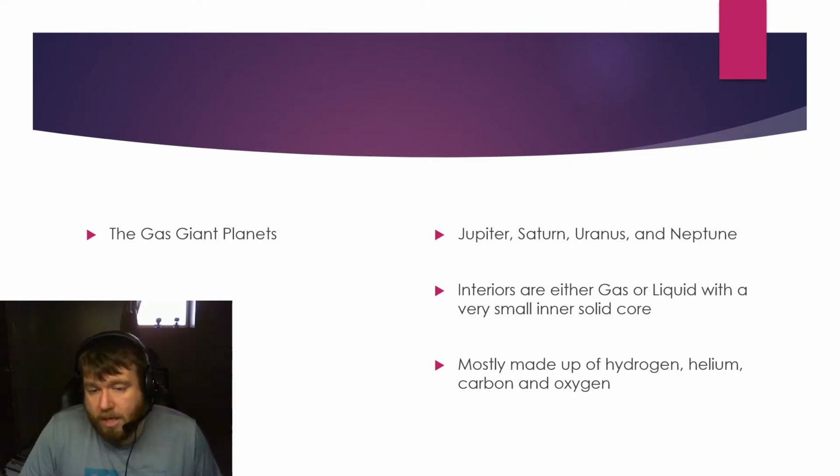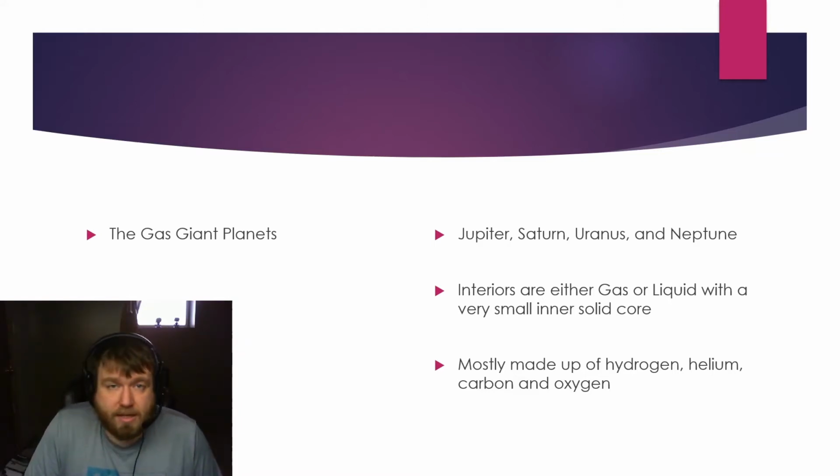So, even though these planets are some of the biggest in our solar system, they're not solid. Most of them are either gas or liquid. So you can't really go and land on them. Like, we can land on Mars, but we can't land on Saturn because it's not solid. There's nothing there to land on.